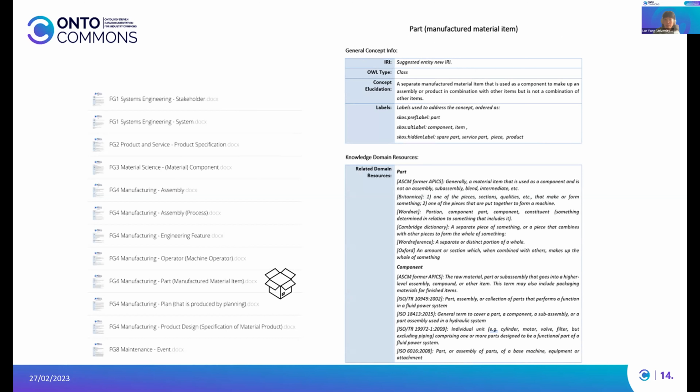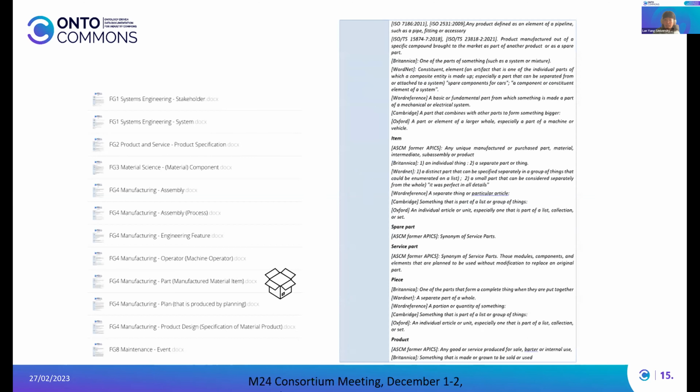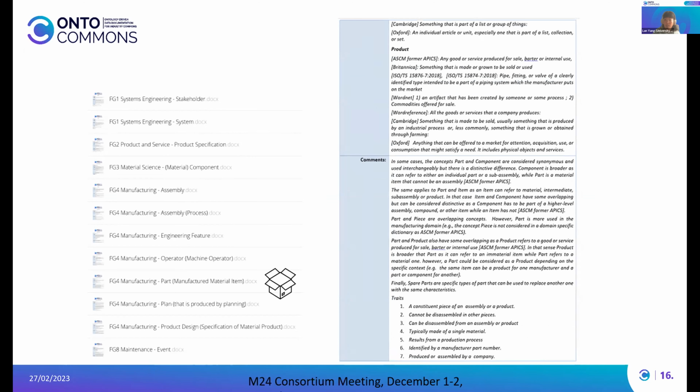For example, you can see part is also referred to as component, as item, spare part, piece, and sometimes it's referred to as product. So these definitions were analyzed and summarized in the form of a list of traits in the second part of the bridge concept template. And these traits helped to define a concept elucidation for this bridge concept part.